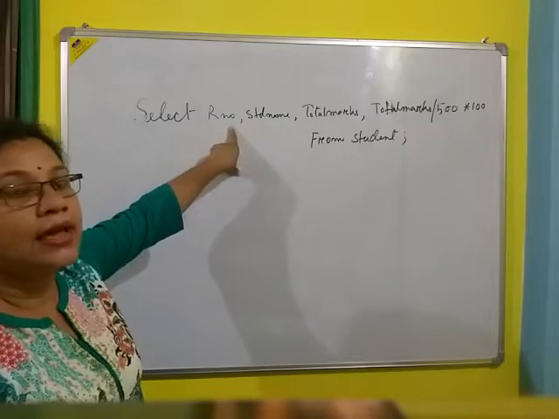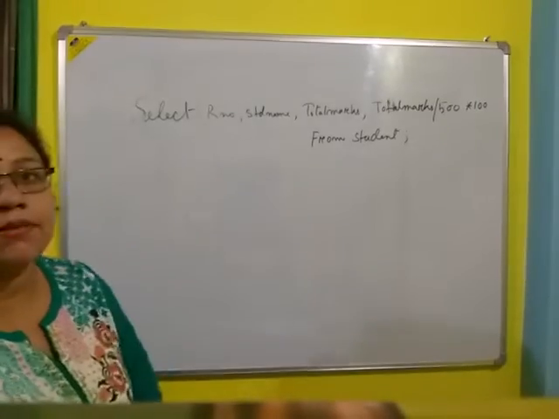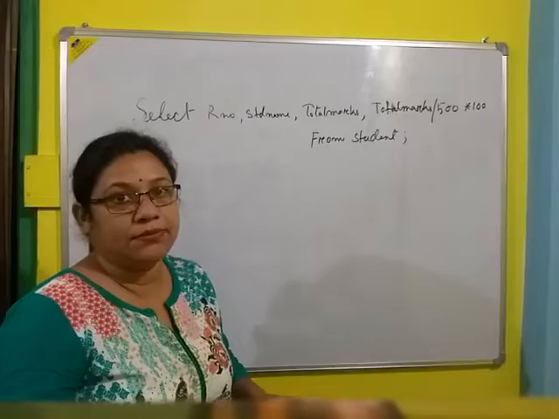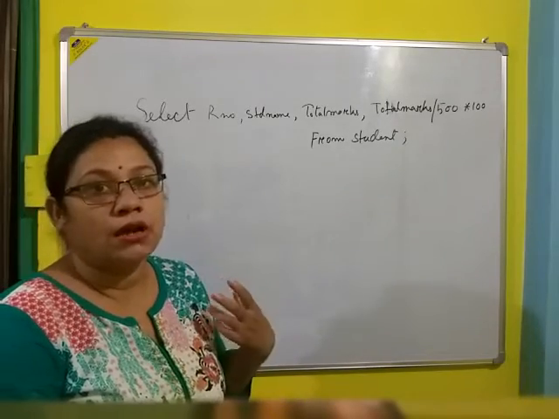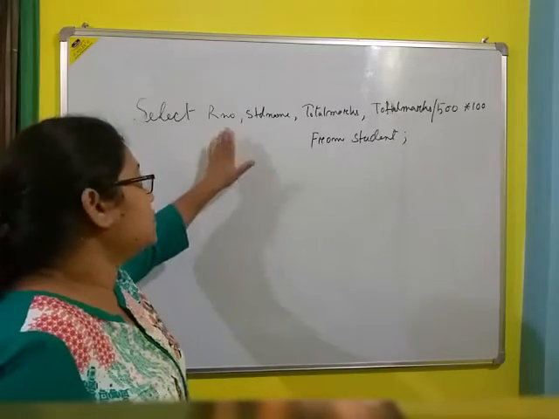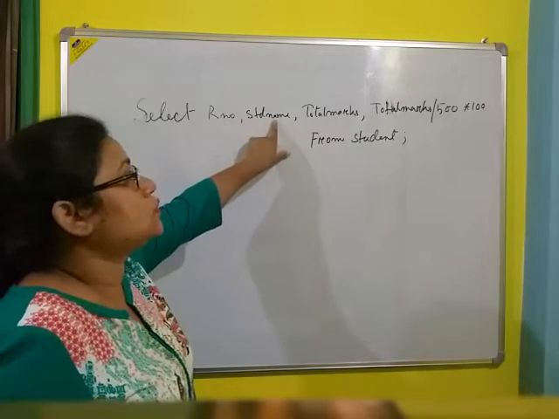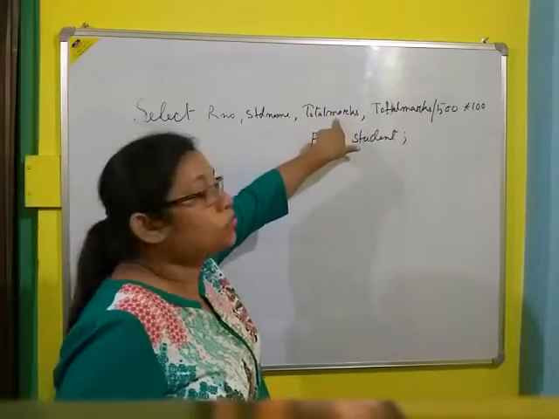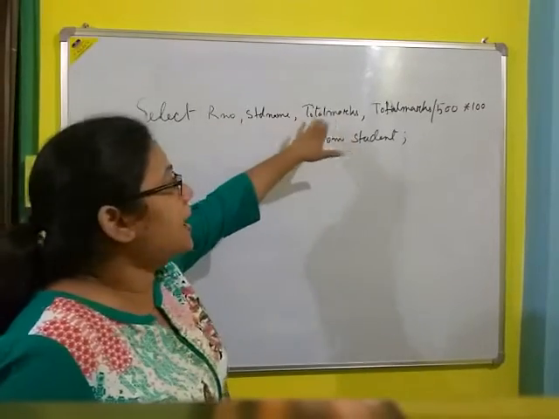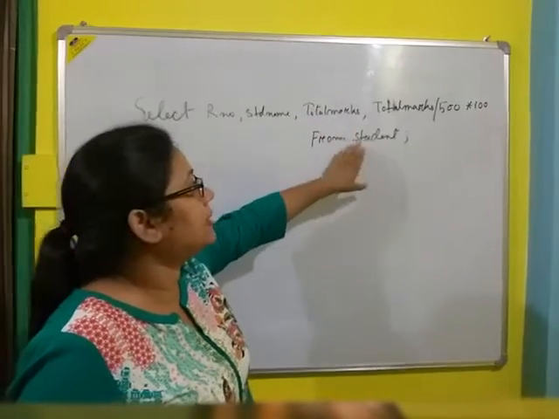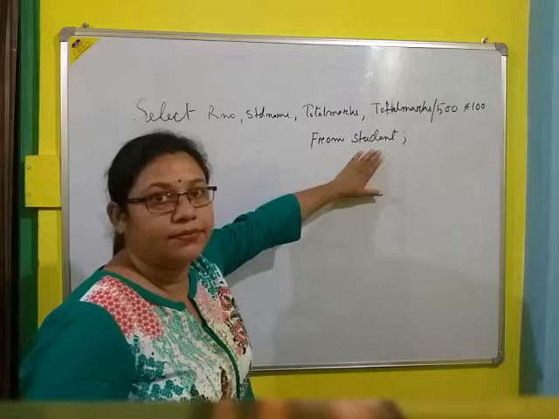Instead of that, I want to display some selected column names. That's why, instead of all, here I am using the column names: the roll number, after that the student name and the total marks.